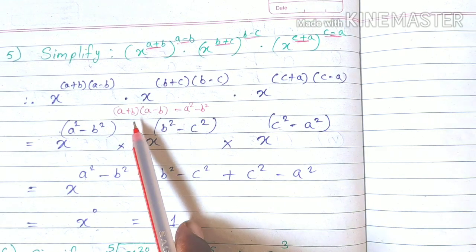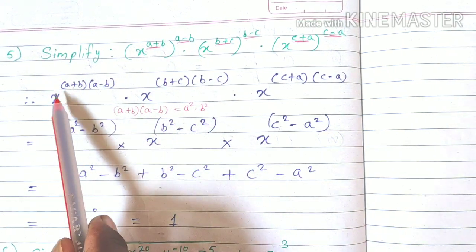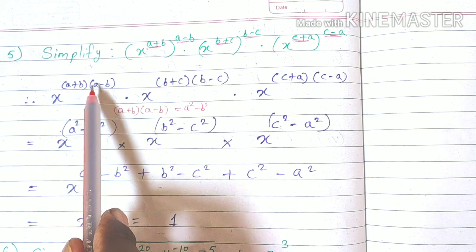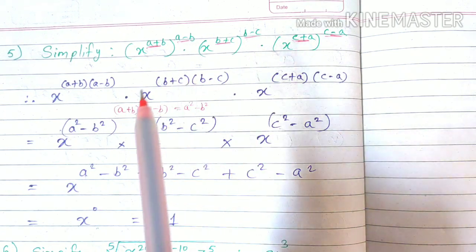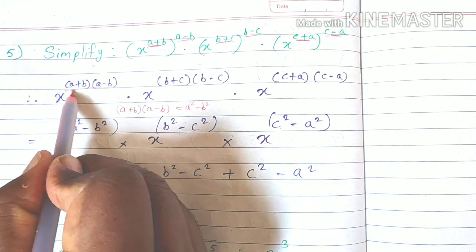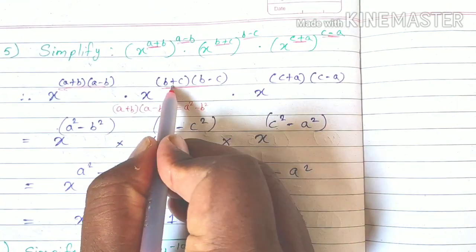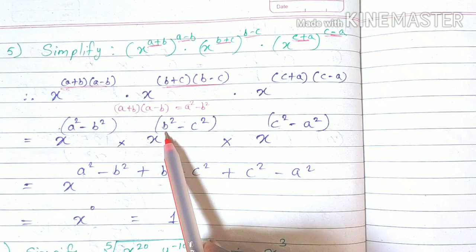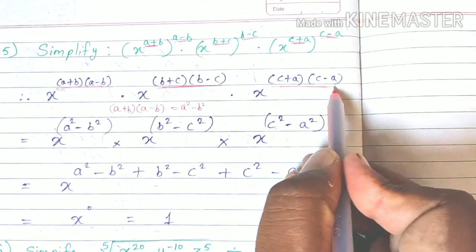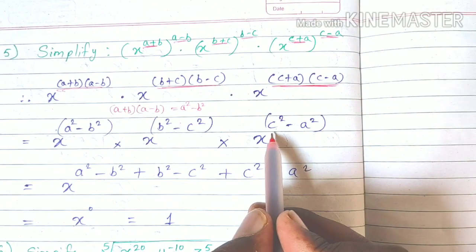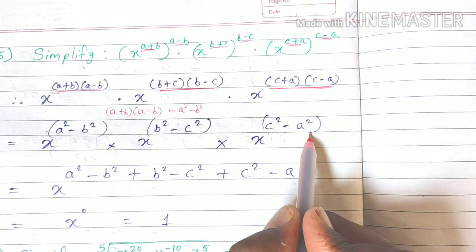So by applying this identity, the product of these two brackets becomes a square minus b square. Similarly, the product of these two brackets becomes b square minus c square, and also the product of these two brackets becomes c square minus a square.